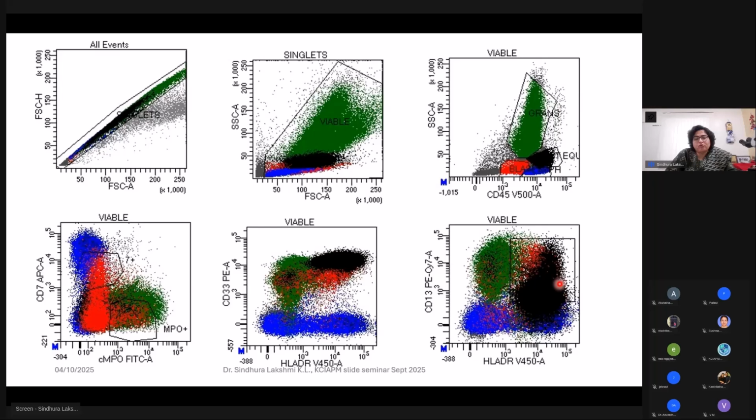Here you can see HLA-DR overexpression and also CD13 and CD33 expression. Can you appreciate the differences between the expression of monocytic lineage blasts compared to the myeloid blasts? The monocytic lineage blasts are CD33 brighter, whereas the myeloid lineage myeloblasts are CD33 dimmer compared to the monocytic lineage blasts.